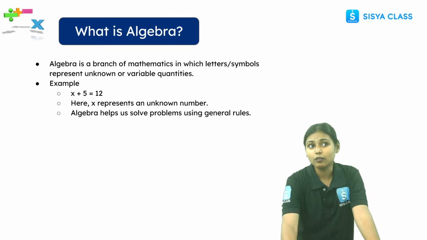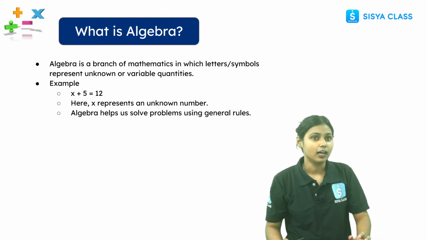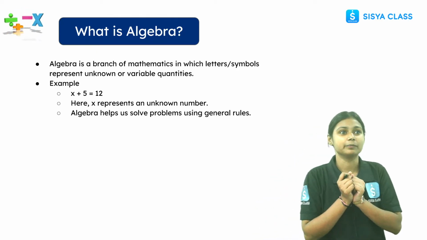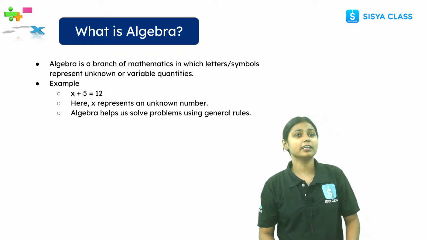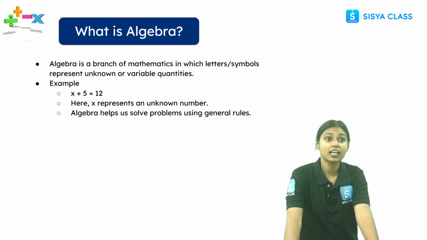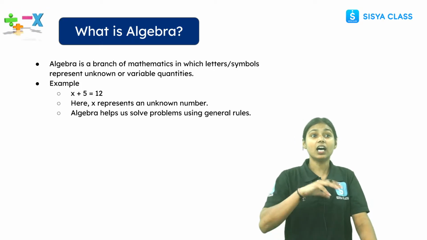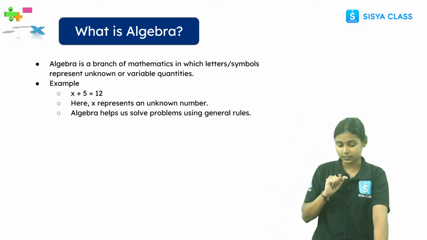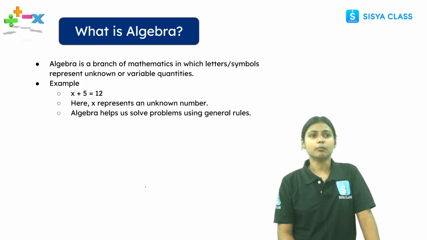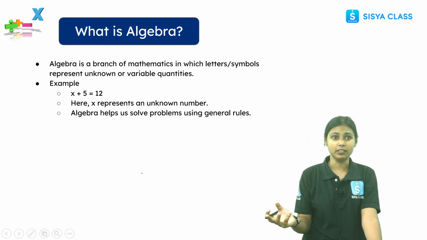So first of all, what is algebra? Algebra is basically a branch of mathematics in which letters or symbols represent unknown or variable quantities. Now the question is, ma'am, what is a variable?